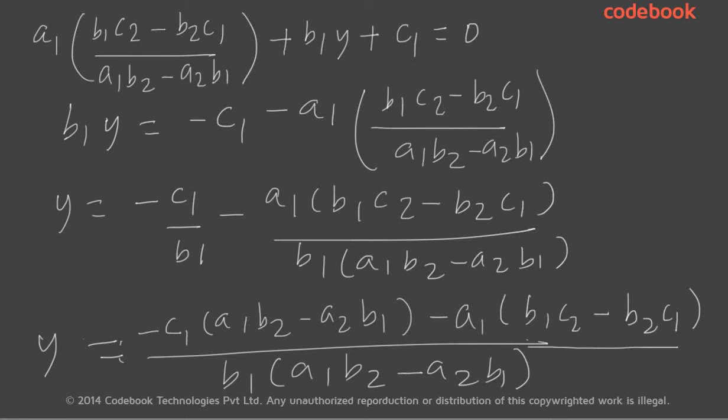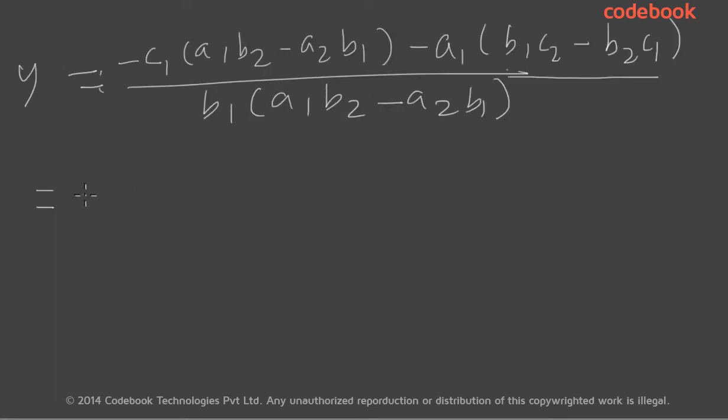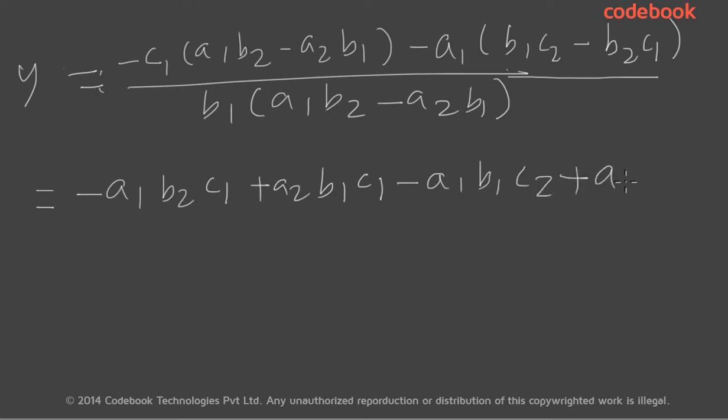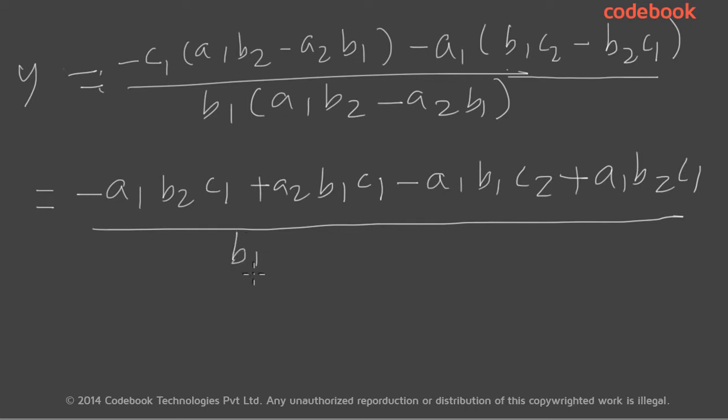So next we'll simplify this. So by multiplying the terms, we have minus a1 b2 c1 plus a2 b1 c1 minus a1 b1 c2 plus a1 b2 c1 divided by b1 times a1 b2 minus a2 b1. So here we have a1 b2 c1 and a1 b2 c1. This is plus and this is minus.